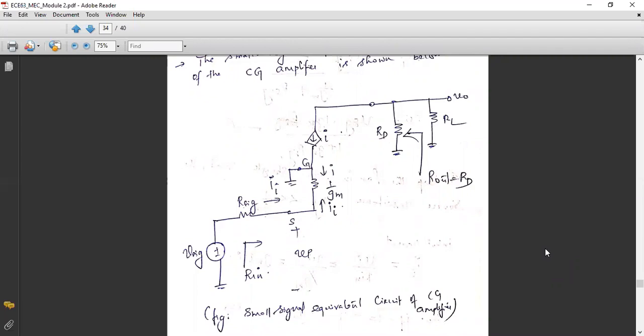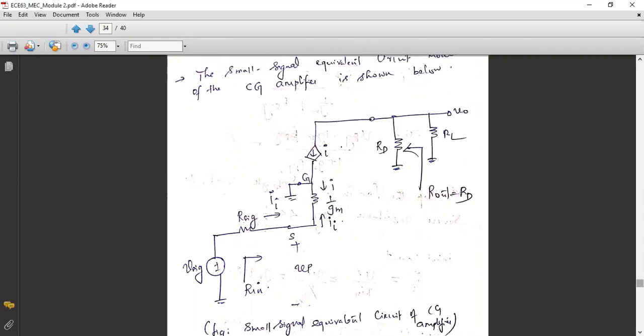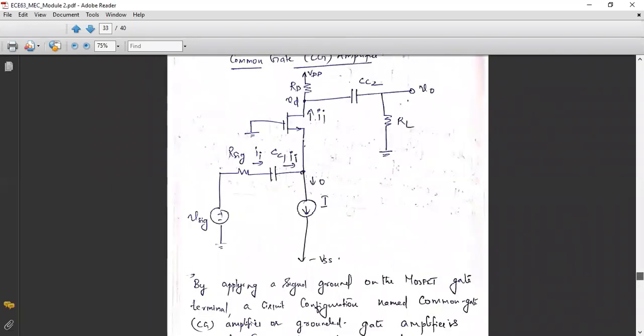Those things we will be deactivating. As you can see, you have a constant current source in this diagram, but we will not make use of this current while drawing the small signal equivalent circuit. Any current source will be taken as an open circuit.